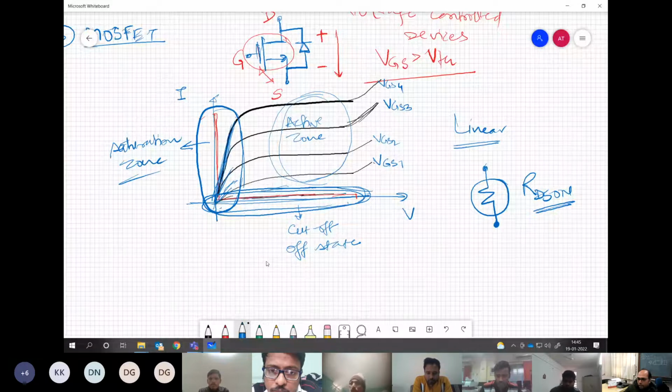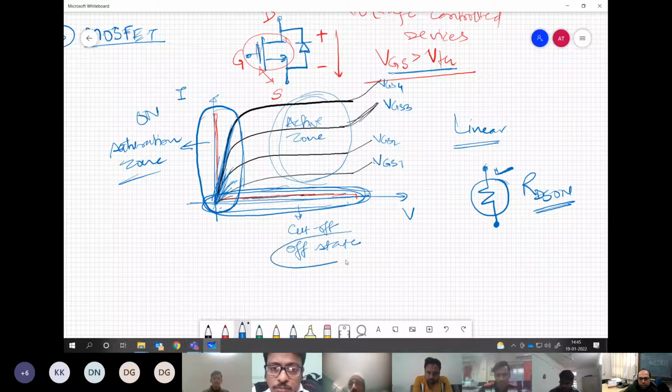Correct? So all may be very, very close. What I have drawn as different characteristics may be very, very close. So whenever you have this relationship maintained, the device behaves like a resistance. Correct? So we operate the device in these two zones only. This is the off state and this is the on state.